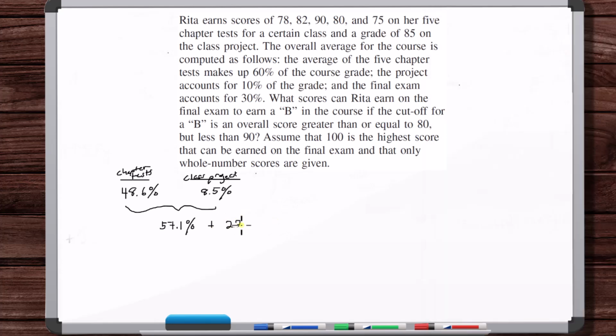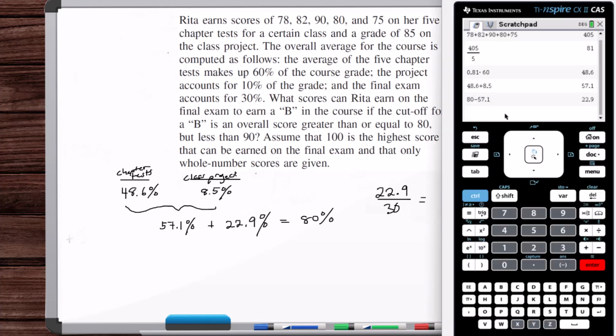Because 57.1 plus 22.9% equals 80%. So what is 22.9 divided by 30?